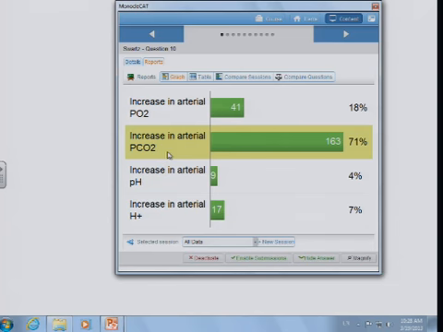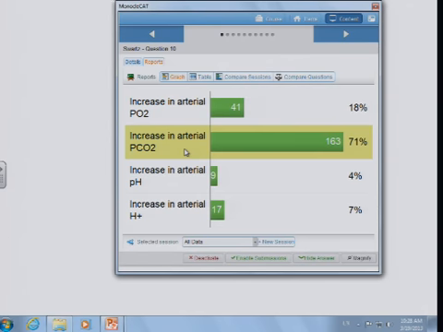Increase the arterial PCO2. Remember, we said CO2 is our greatest regulatory mechanism in controlling breath to breath. So CO2 is very important, and the fact that we say arterial CO2, so it's arterial CO2 that goes to the central chemoreceptors, and then the CO2 diffuses into the cerebrospinal fluid, converted to bicarbonate and hydrogen ion.